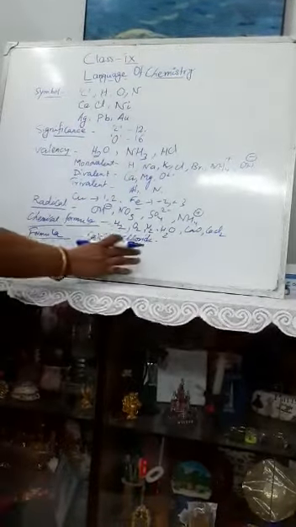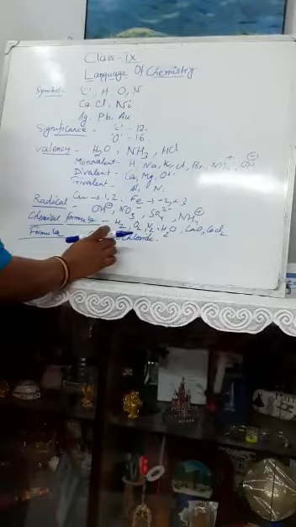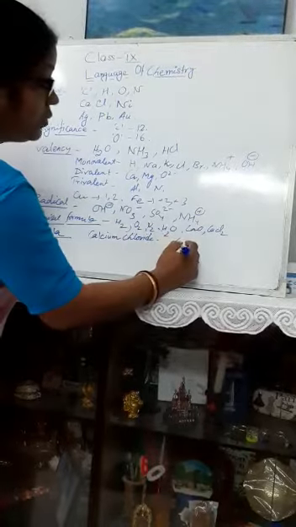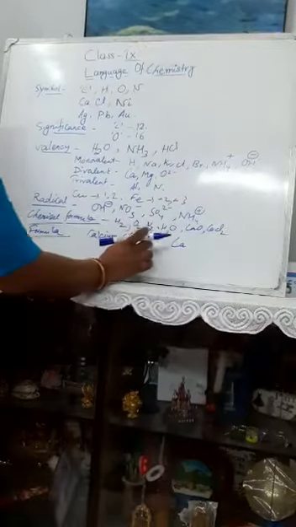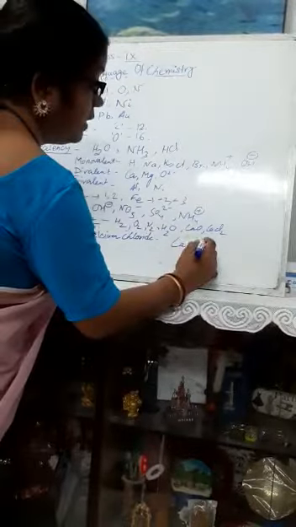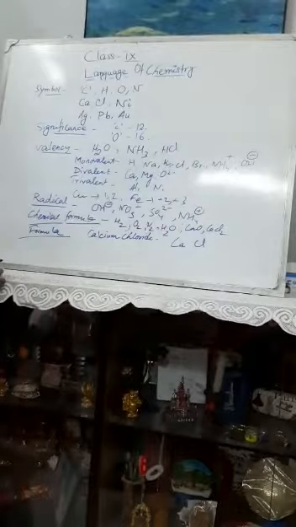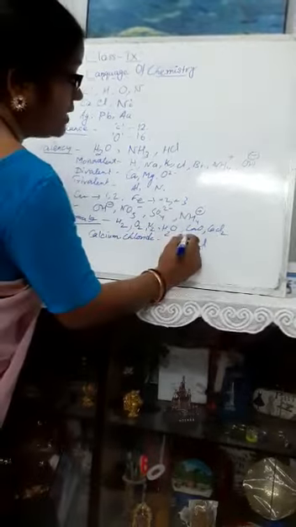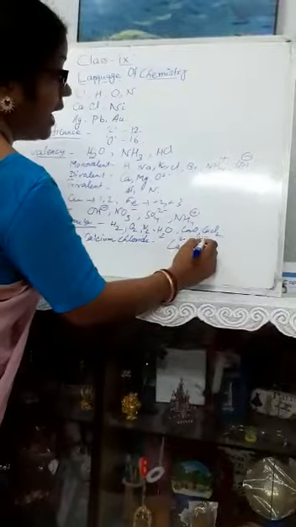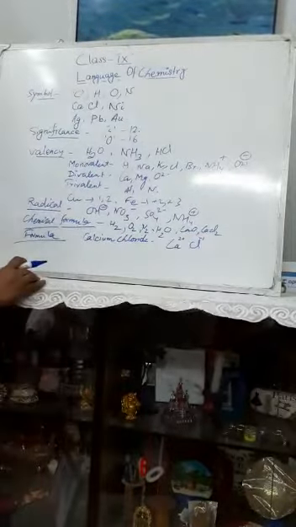So in calcium chloride, which elements are present? There is calcium, and you know the symbol of calcium, and you know the chlorine symbol. This is Cl. Now you must know the valencies. What is the valency of calcium? 2, and that of chlorine is -1.